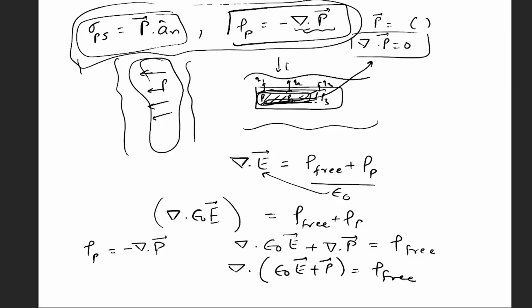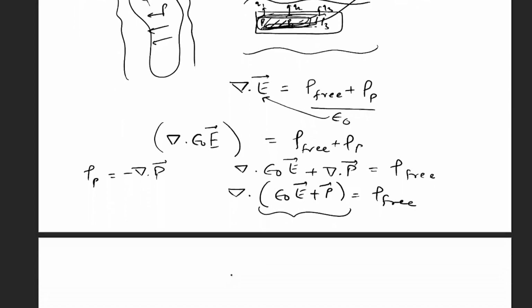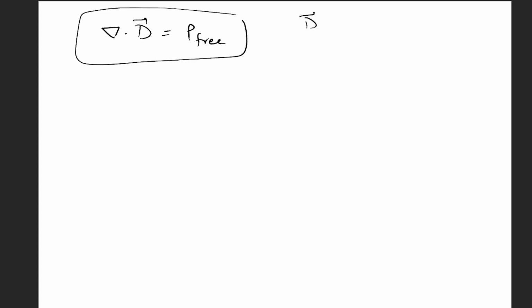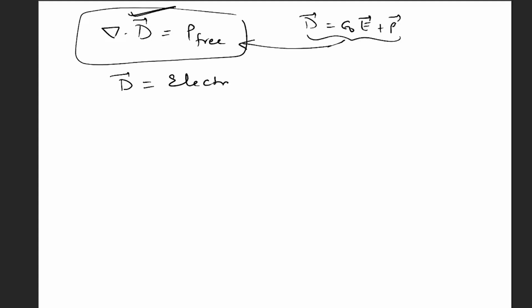Now you see that this quantity epsilon naught E plus P, if I define it as some other variable D, then I get del dot D is equal to rho free. So the divergence of this quantity, where D is equal to epsilon naught E plus P, is going to give us the free charge density only. It means we need not bother about the polarization vector whenever we deal with this quantity. This D is known as the electric flux density.